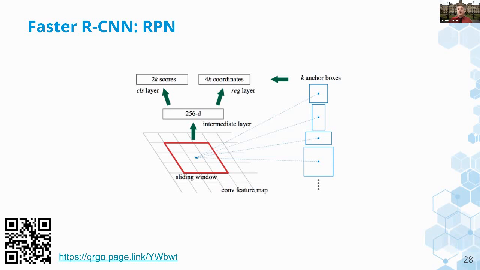So if you want to detect small objects, smaller than 32 by 32 pixels, obviously you want to try to run your detector on high resolution images where our objects can be easily distinguished from the background and easily classified.